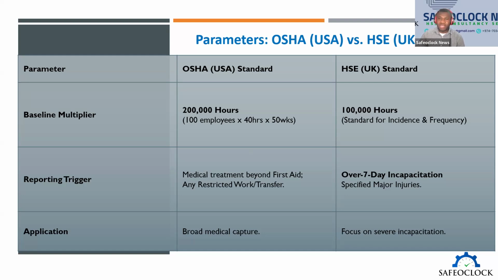But for UK, the reporting trigger is if there is an incapacitation above 7 days, okay, and other specified major injuries. So that is when it will be reported to RIDDOR, according to UK Health and Safety Executive.